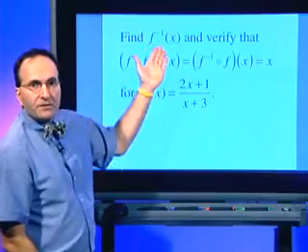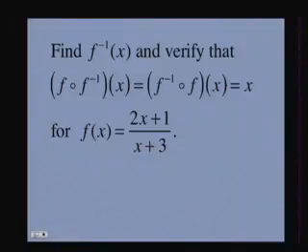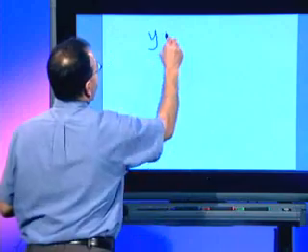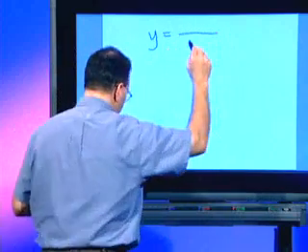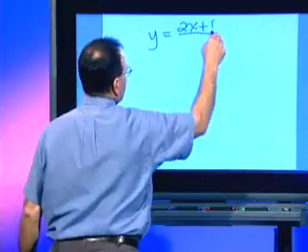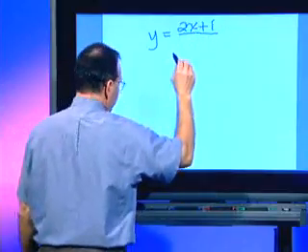Find f inverse of x and verify that they are in fact inverses for the function f of x equals 2x plus 1 divided by x plus 3. We'll start off again replacing f of x with y. So our equation looks like this: y equals 2x plus 1 over x plus 3.